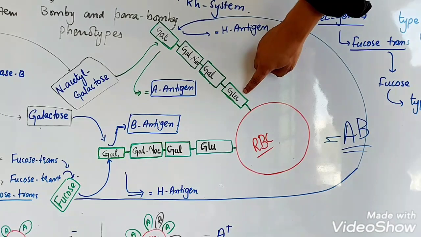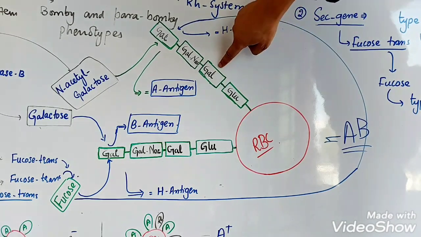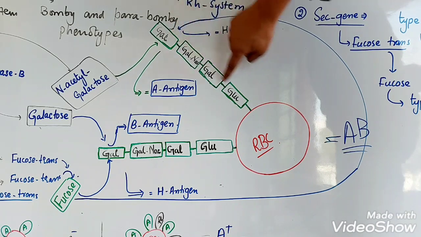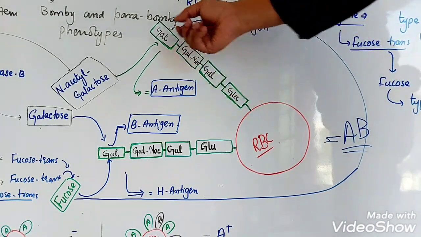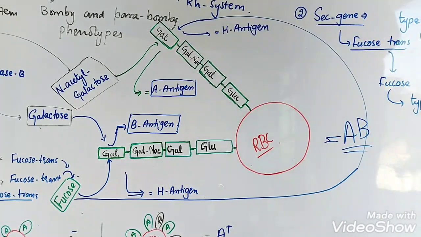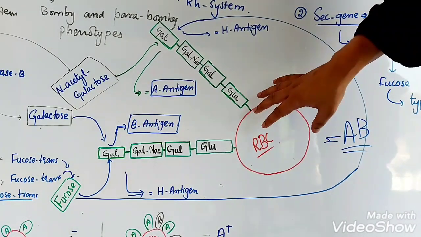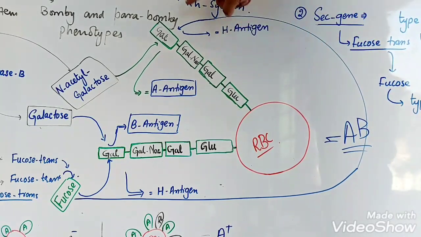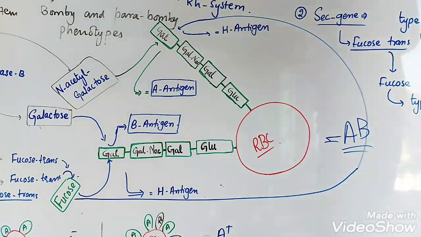Look at this: glucose, D-galactose, N-acetyl galactose, and this galactose, a chain of carbohydrate. Remember, this chain will be present on your RBCs. Red blood cells do have this chain of oligosaccharide.